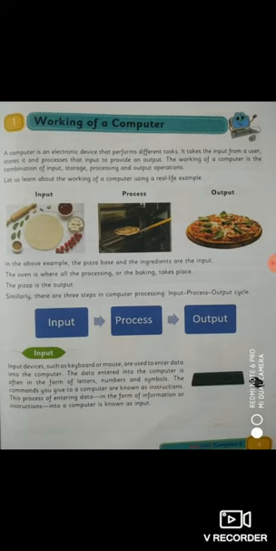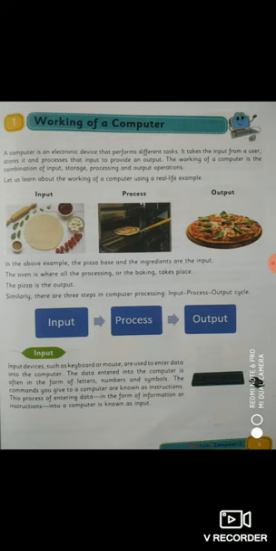So let's begin. A computer is an electronic device that performs different tasks. It takes the input from a user, stores it, and processes that input to provide an output. The working of a computer is the combination of input, storage, processing, and output operations. So what is a computer?